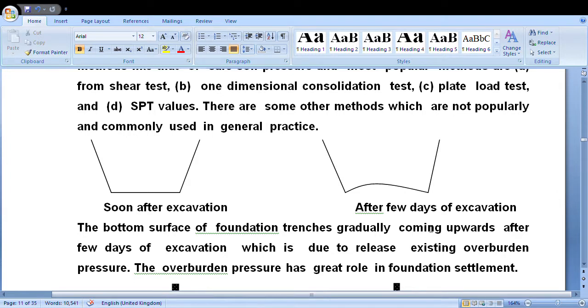Bottom surface heaps are normally noticed if we keep the foundation for several days after excavation; then the middle portion seems to be slightly heaped.